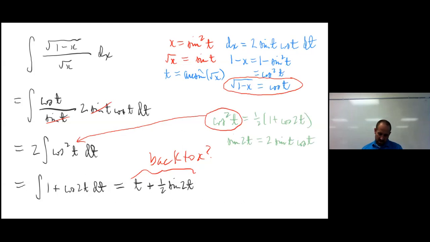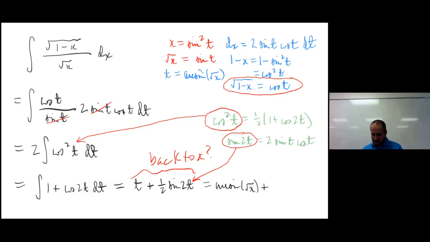Yeah. Okay. So let's see here. If I plug this guy in right there, clearly the 2 and the 1/2 is going to cancel, yes? And I'll just have sine t cosine t. So I'm going to have t, which is arc sine of the square root of x, plus the 2 and the 1/2 cancel.